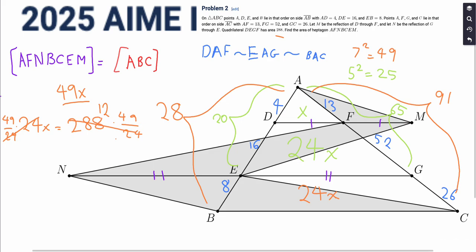Yeah, 12. And so the left side is going to be 49x. The right side is going to be 12 times 49. And 12 times 49 is equal to 588. And so 588 is our final answer.